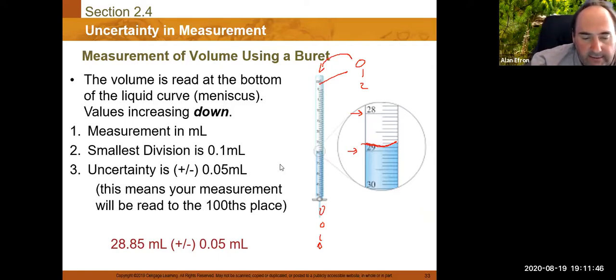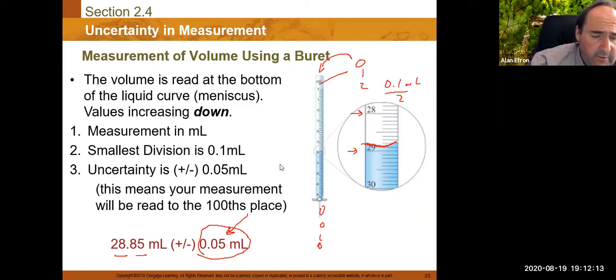And as you can see here, this is 28.85. That is because if we look between 28 and 29, again, there are 10 markings, which means each marking here is 0.1 milliliters. Divided by 2, that gets you to our precision here of 0.05. It also tells us that we should take this reading to the second decimal place. And that's, again, why we got our 28.85 milliliters.